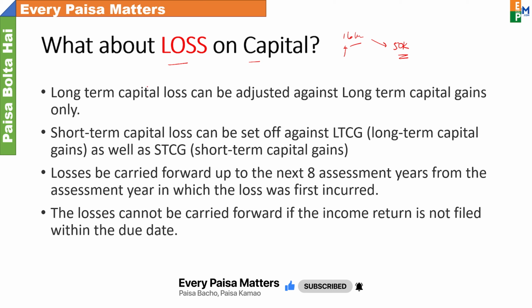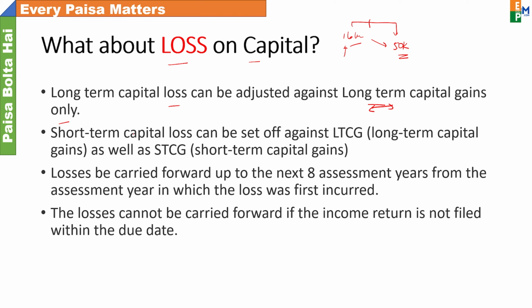So the long-term capital loss can be adjusted against long-term capital gains only. What it means is that if you have incurred this loss after holding for more than 12 months, and you're getting a loss of 50K, then it can only be adjusted against any other long-term capital gain. You cannot adjust this against a short-term capital gain.